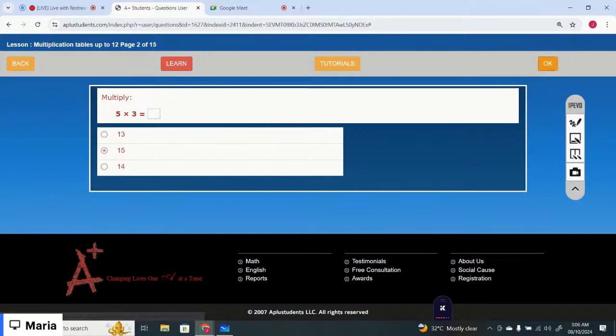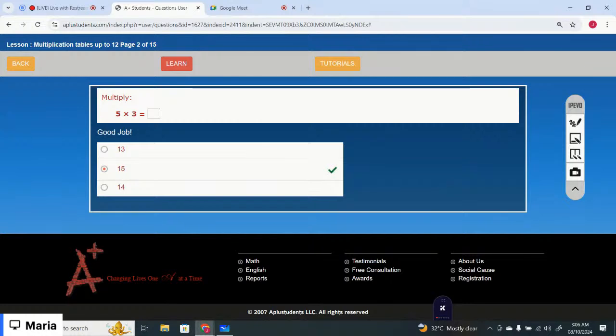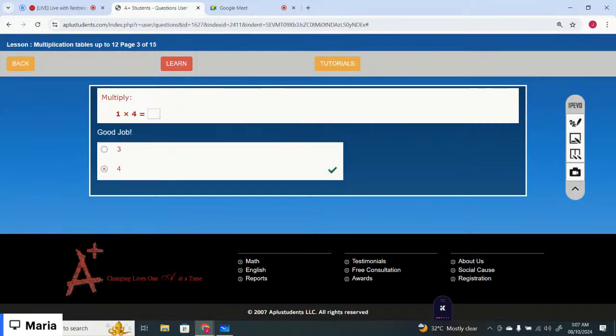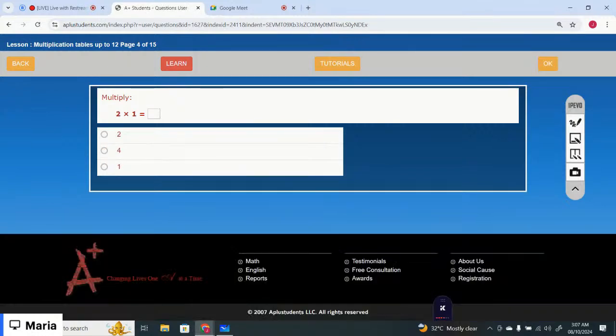Option number 2 is the correct option. The next one is 1 times 4. One times 4 is 4. Option number 2 is the correct option. Any number when multiplied by 1 is exactly the same number, right?